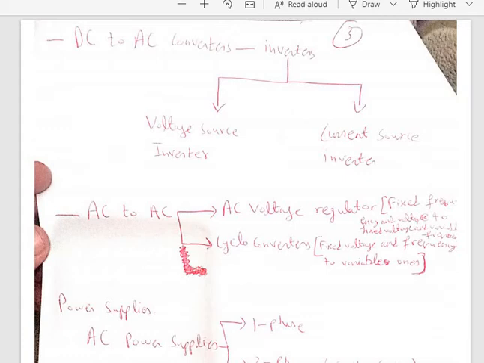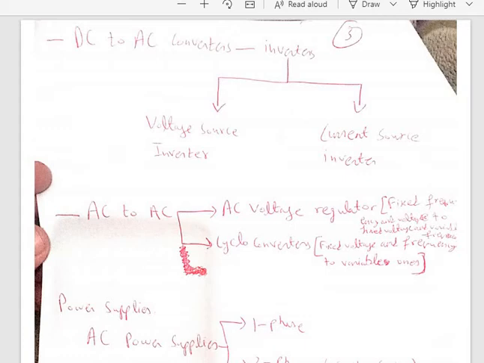Okay, now we come to the AC to AC converter. There are two types: one is called the AC voltage regulator, and the other is called the cycloconverter. What is the difference between them? Remember, an AC voltage regulator converts a fixed voltage, fixed frequency supply to a variable voltage and fixed frequency.